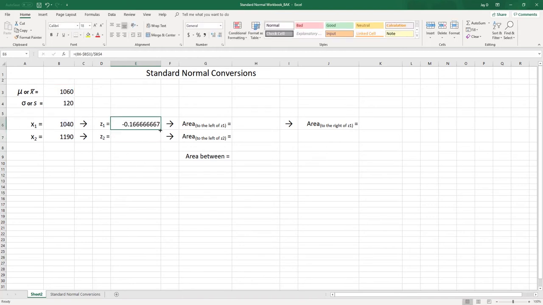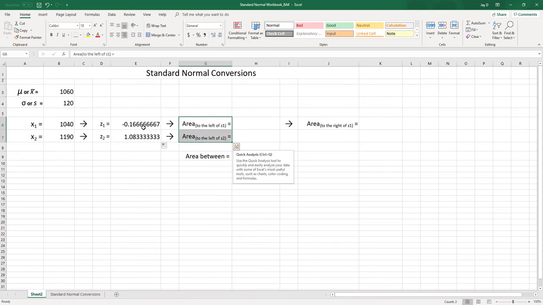And now I'm going to do the same thing for this x2 value. That's the hardest part of the whole problem. The rest of the stuff is stuff that back in the day we would just look up on a table, but you all have this already in a spreadsheet. We're going to come to this part in just a minute. I just want to point out what these values now mean.